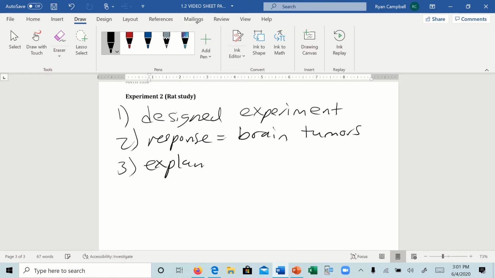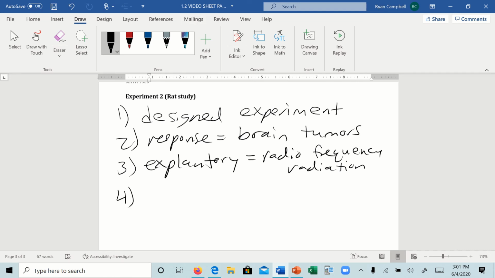So number 3, what were the explanatory variables? They said it real quickly, I think, but essentially it seemed like radio frequency waves, or radiation, was what they were applying to each of these rats. So maybe the radio frequency radiation is what's actually causing these brain tumors.